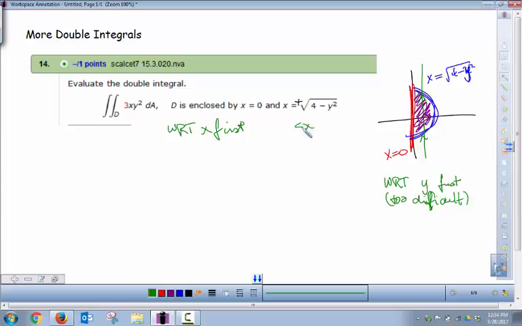With respect to x first, you would set up your x limits, and then your y limits are going to be constants. Then you draw a line parallel to the x-axis. Regardless of where you draw that line, you're always entering the region through the same function, x equals 0. Here WRT means with respect to x.